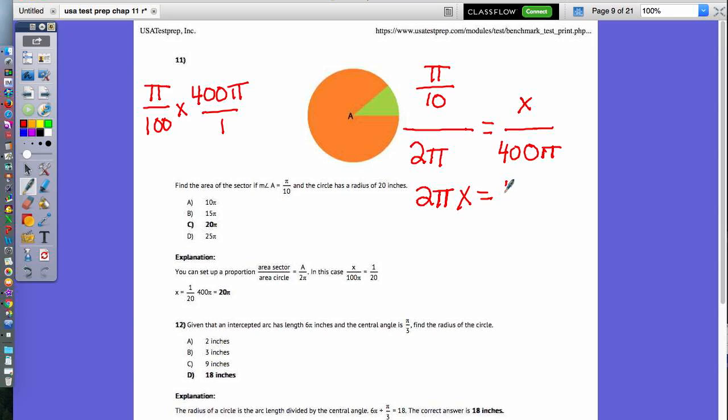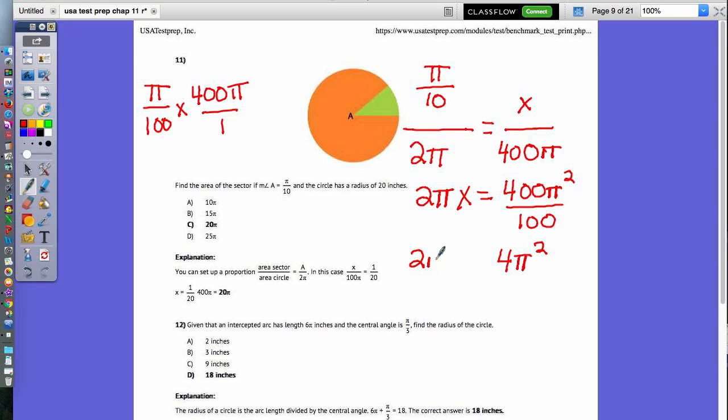When I multiply across, I get 400 pi squared over 100. That's going to simplify to 4 pi squared, because 400 divided by 100 is 4.